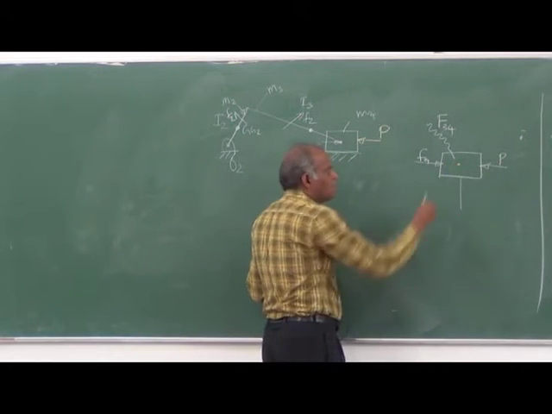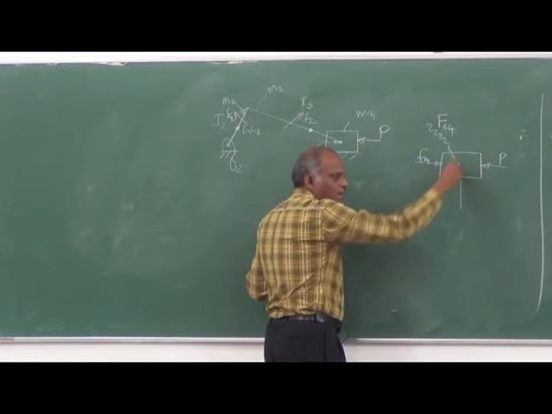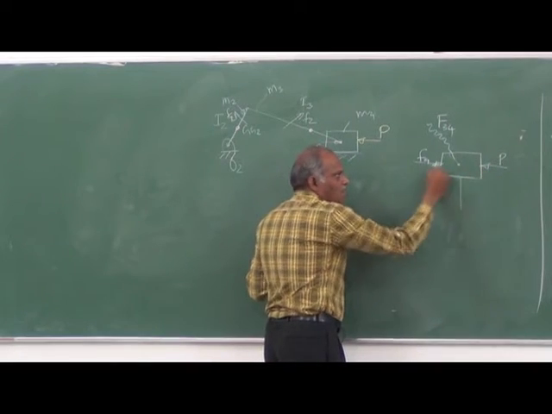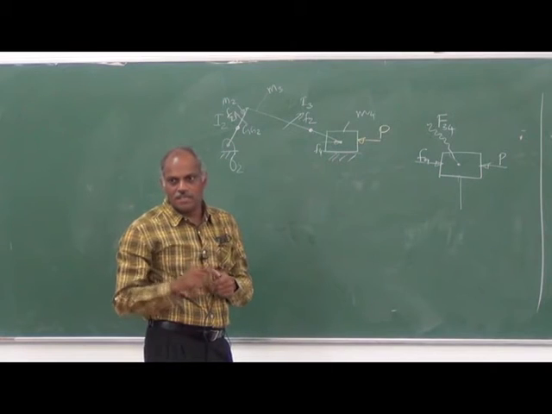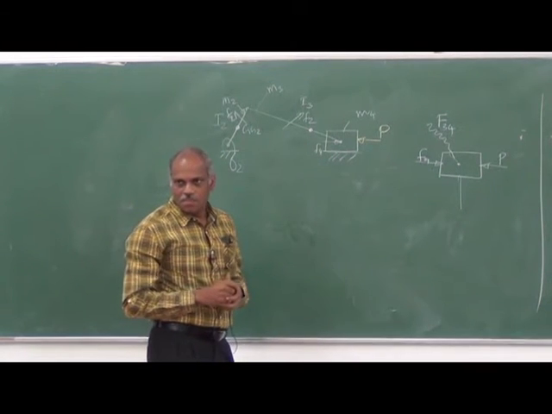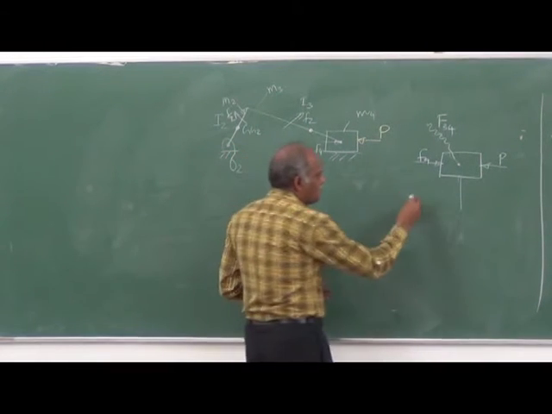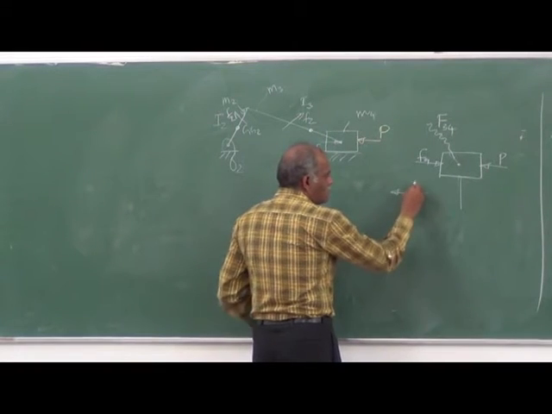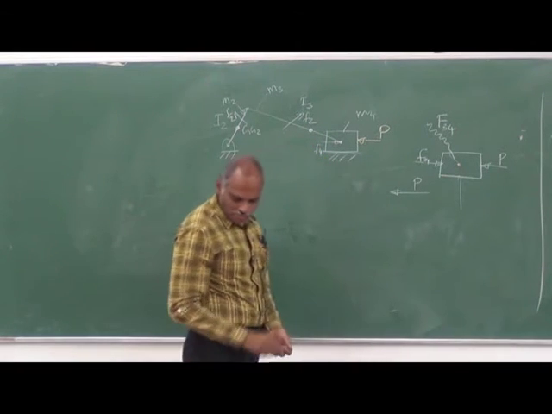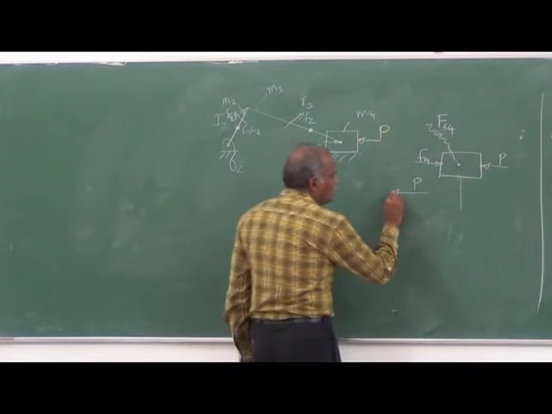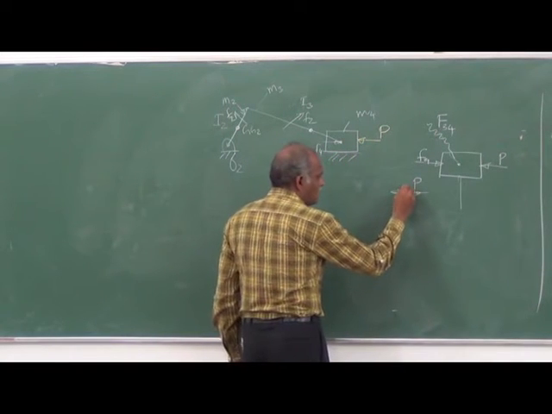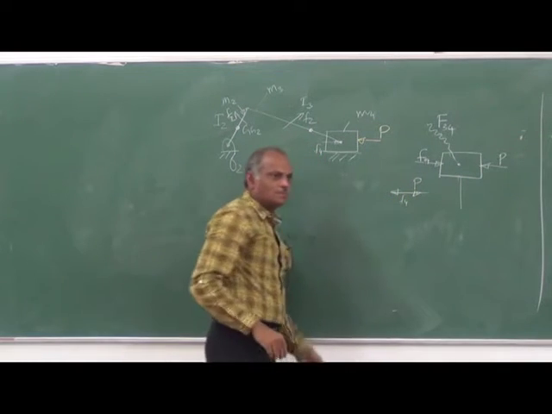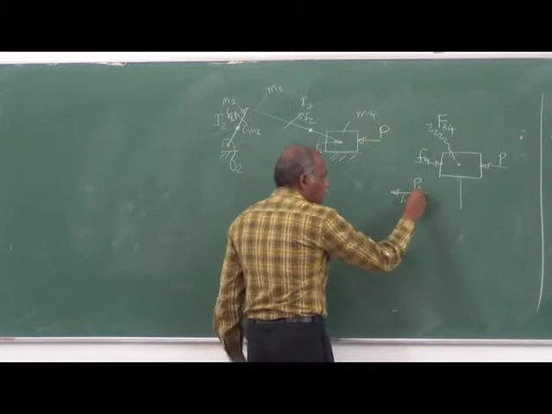For solving this, this particular force is going through this point, this is also through this point, all of them are passing through this point. So all the forces are concurrent at a point. Now if I draw the free body diagram, suppose this is my P, my inertial force may be like this, because it is just in the opposite direction, I can write it like this, this is F4, and the direction of this is known.